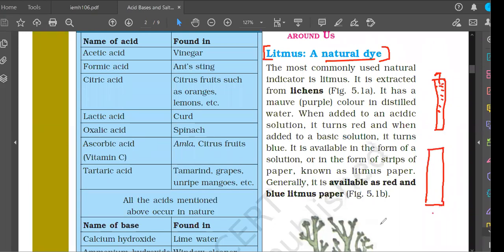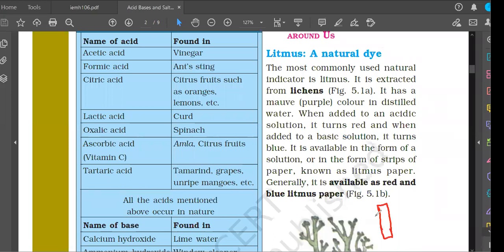Blue litmus and red litmus. Litmus dye is spread on paper, so it is like a red colored paper strip.